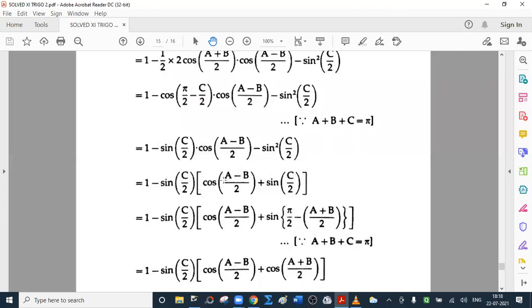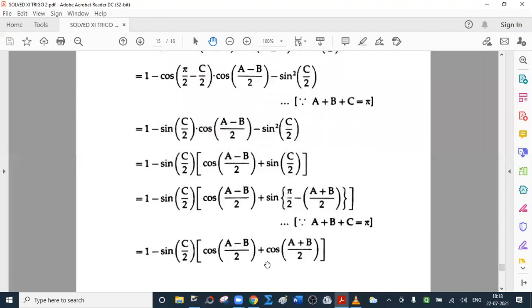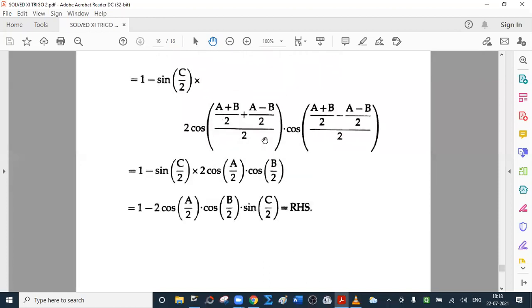Why? Because now we need angles A and B. Same logic. A plus B plus C is pi. So C upon 2 is pi upon 2 minus A plus B by 2. What is sine of 90 minus theta? Cos theta. Right?